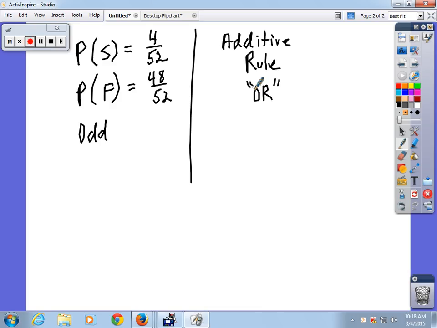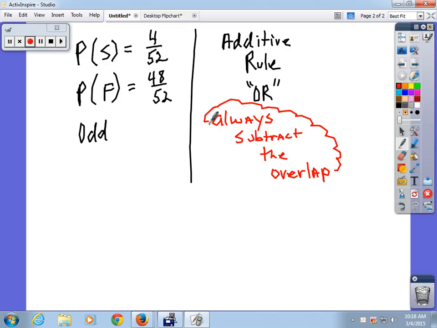And there's only one thing that you have to watch out for with or and the additive property, and that is always, always subtract the overlap. I wrote that in red so you would highlight it. And it's very important. Always subtract the overlap.